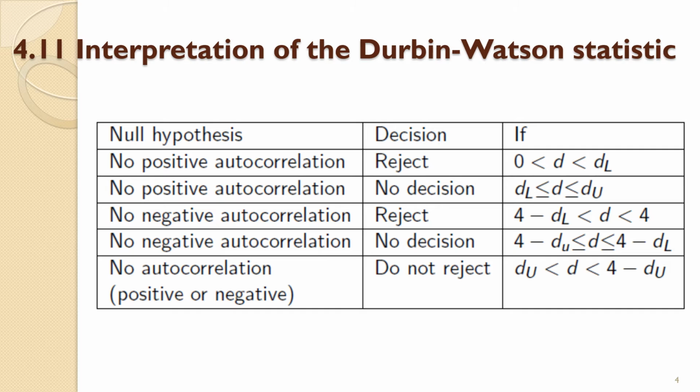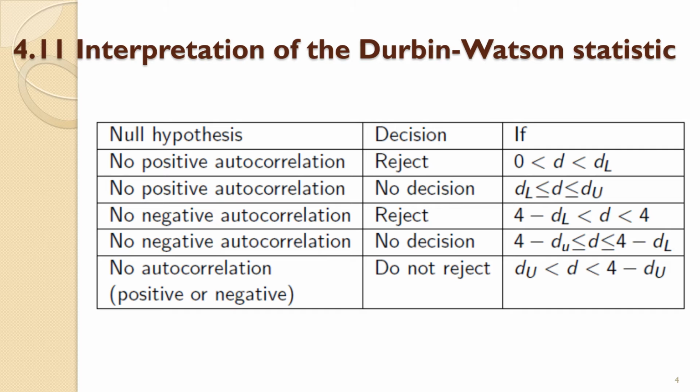But I think if you run the analysis in eViews, it's not very clear how best to interpret the Durbin-Watson statistic. In certain circumstances, this gets trickier than you might imagine with large sample sizes. So there are various different scenarios. There's the possibility that you can reject the null hypothesis of no positive autocorrelation.